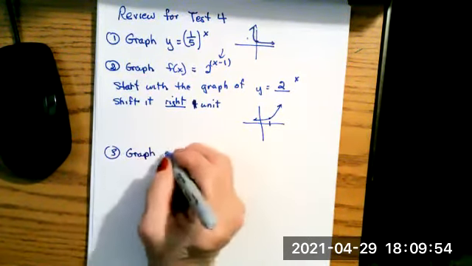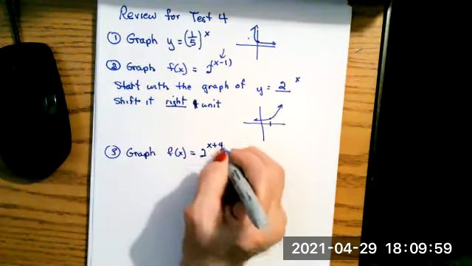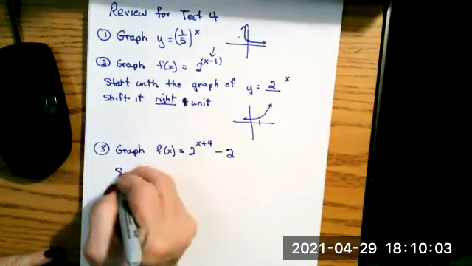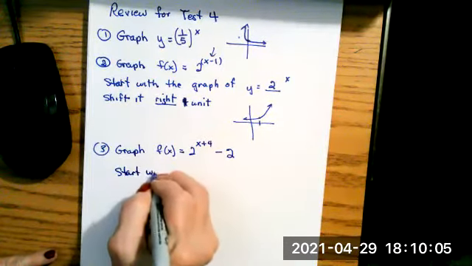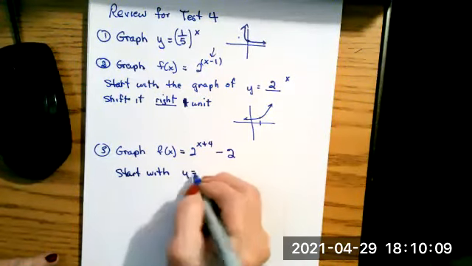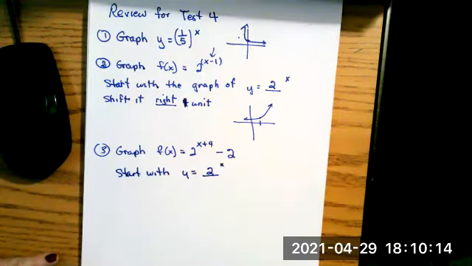Number 3 is f of x equals 2 to the x plus 4 minus 2. What do we start with? 2 to the x. It'll be a blank, and you put the 2 in there, and the x is already in there, so you don't have to put all those other extra things.